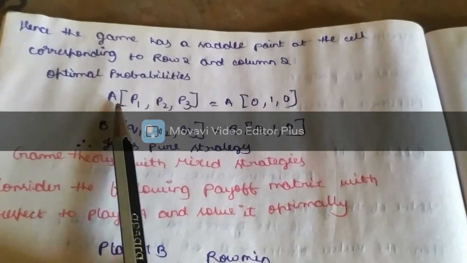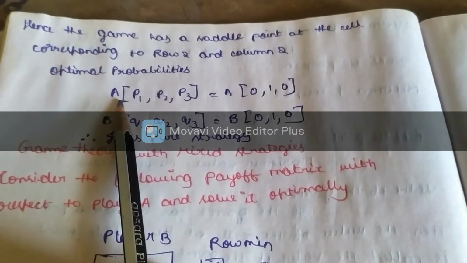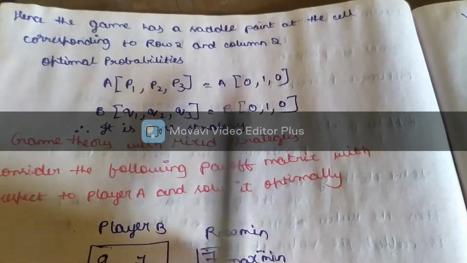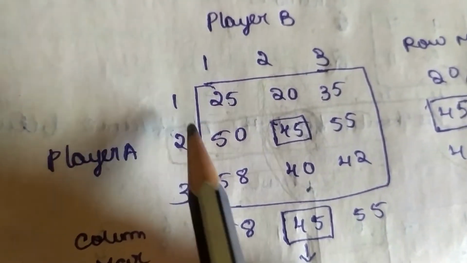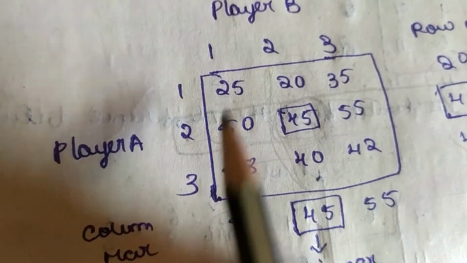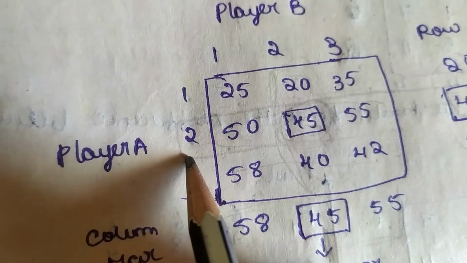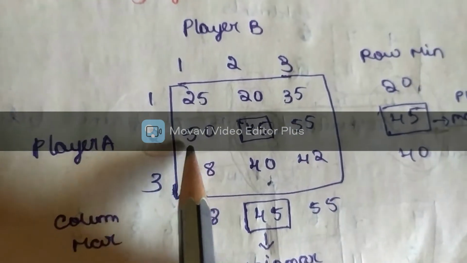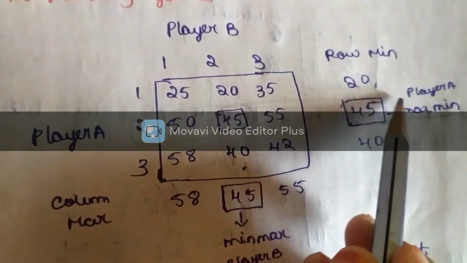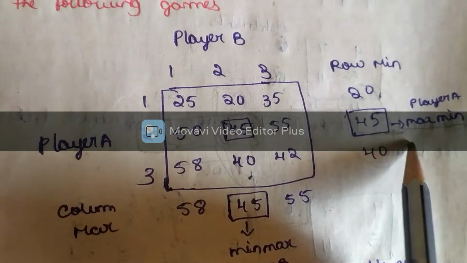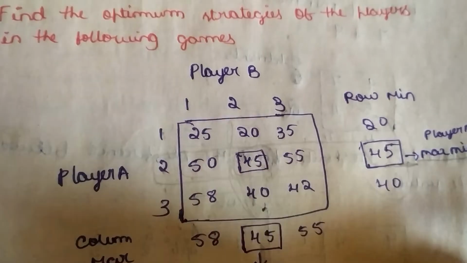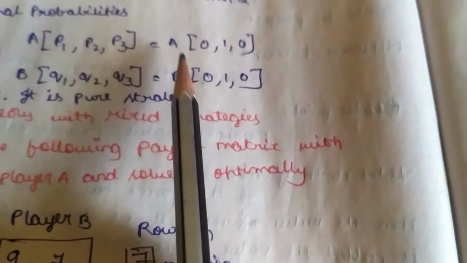So the optimal probabilities for A, P1, P2, P3, are 0, 1, 0, because the minimax value came at row 2. So that's why this is 0, 1 and 0.